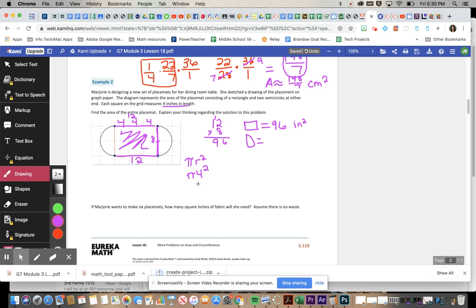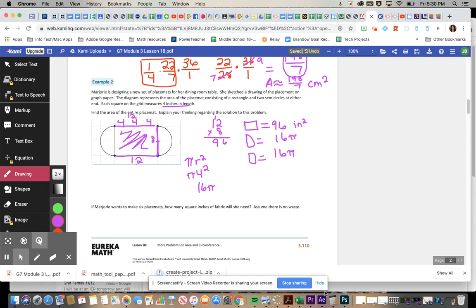So 4 squared is 16 times pi. And there's 2 of those, right? I have 16 pi and another 16 pi inches squared.